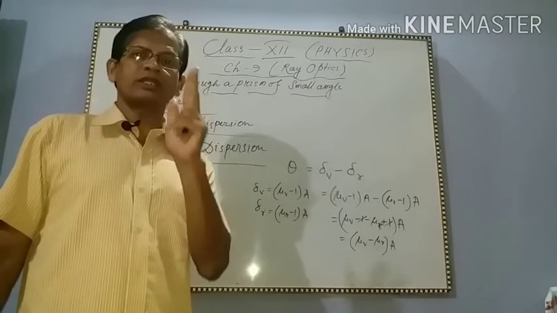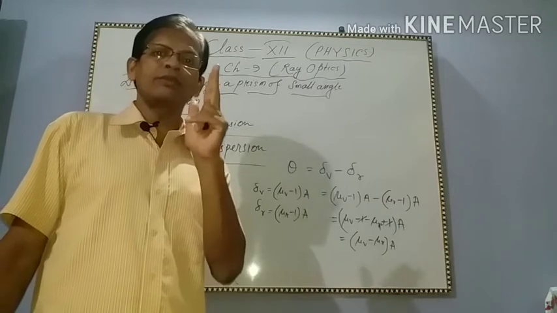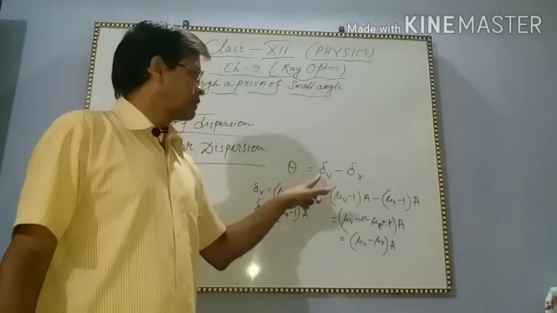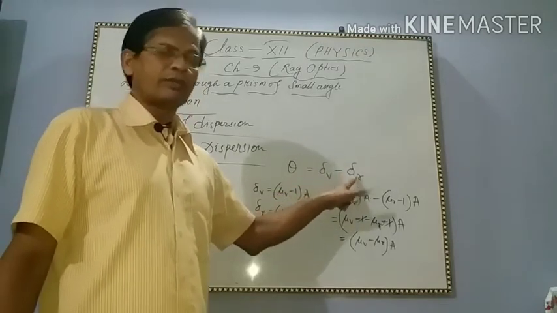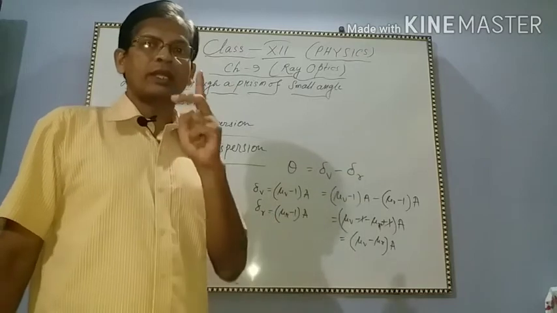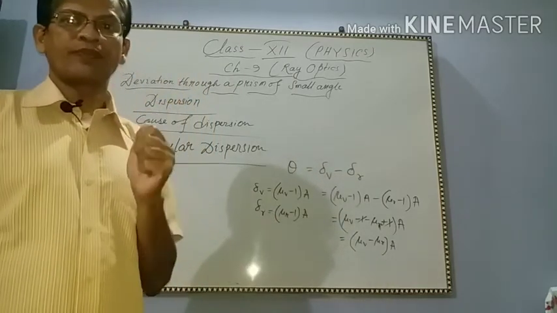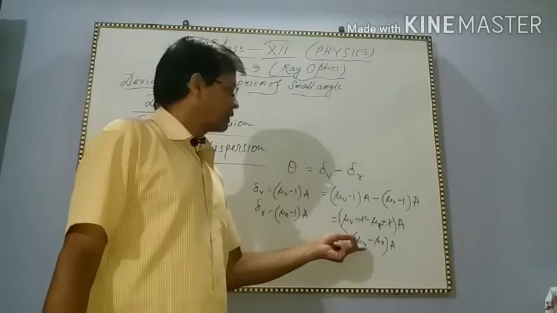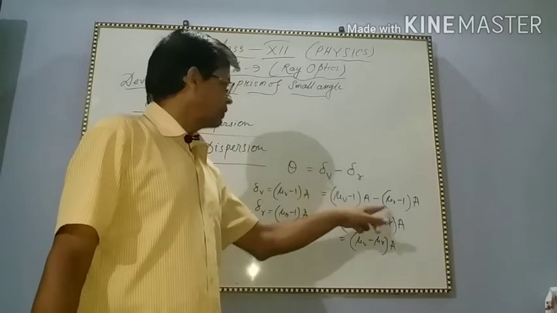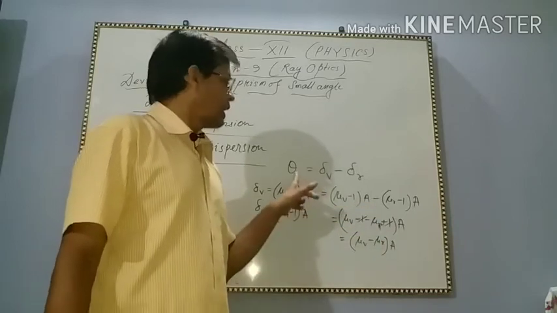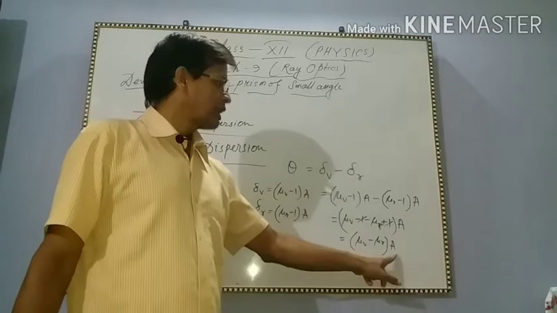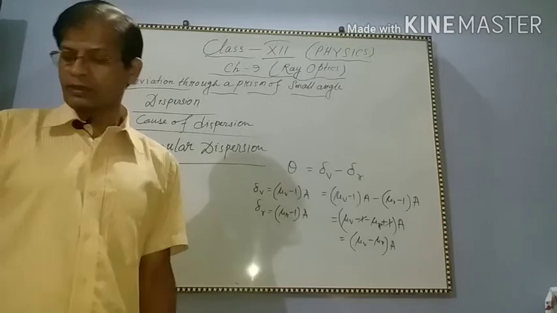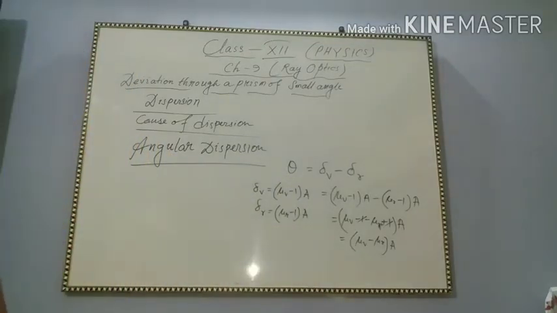Angular dispersion is the difference of the angle of deviation of the two end colors, that means delta V minus delta R. One deviation is maximum, the other is minimum; their difference is called the angular dispersion. Putting in the values, we get this expression. So angular dispersion depends upon the angle of prism and the refractive index. Now we are going to dispersive power.